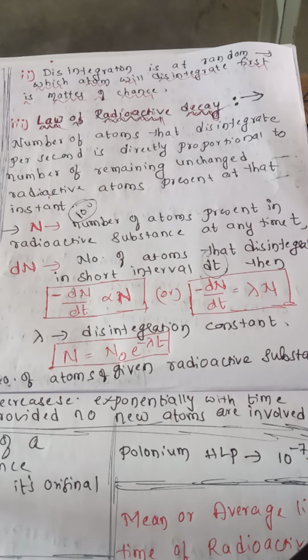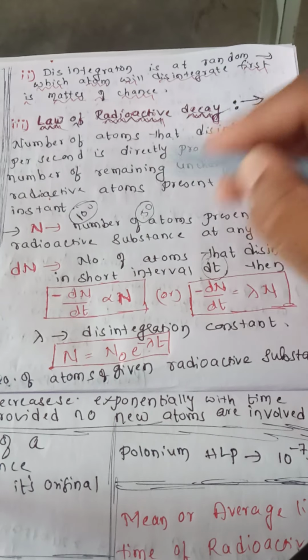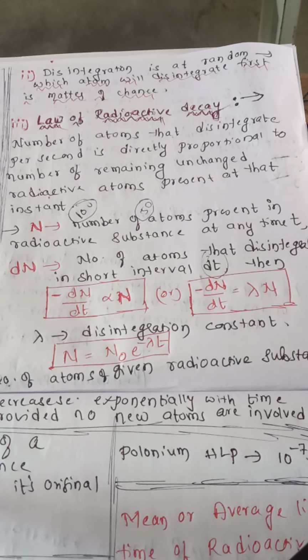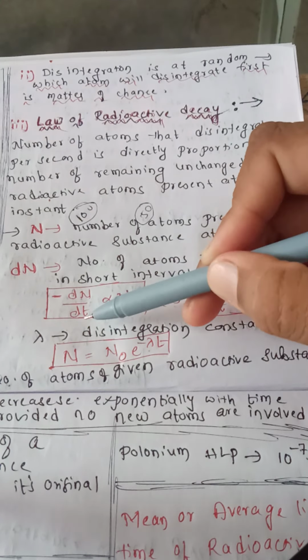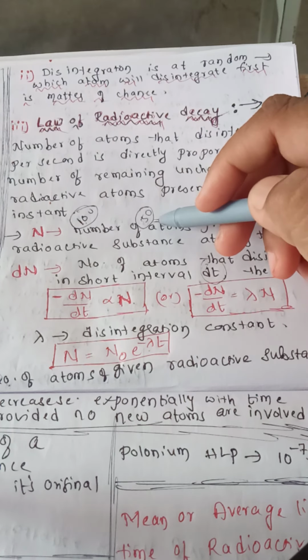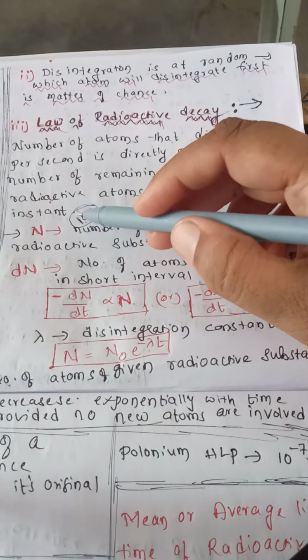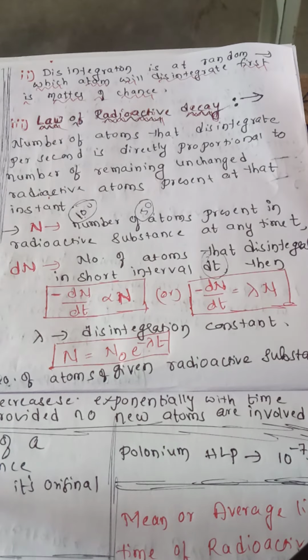Let us assume that out of 100 atoms, 50 atoms have disintegrated. Then the law says that the disintegration rate is directly proportional to how many remained, so 50 atoms remained. The rate of disintegration is directly proportional to the atoms remaining at that particular time.